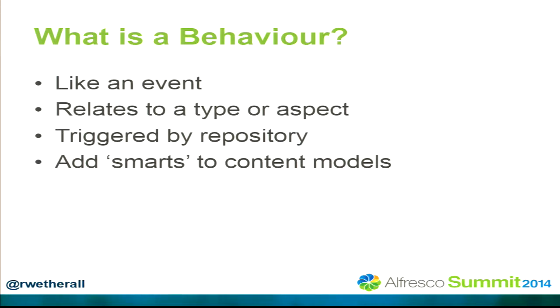It allows you to build a model, which is a very static thing, and attach behaviors that are triggered by modifications to instances of that model. So you can bake in behavior right in the core, and it doesn't matter whether people are coming through Share, FTP, a service, or even mobile, those behaviors will always run. It gives the impression that your model has smarts or implementation.